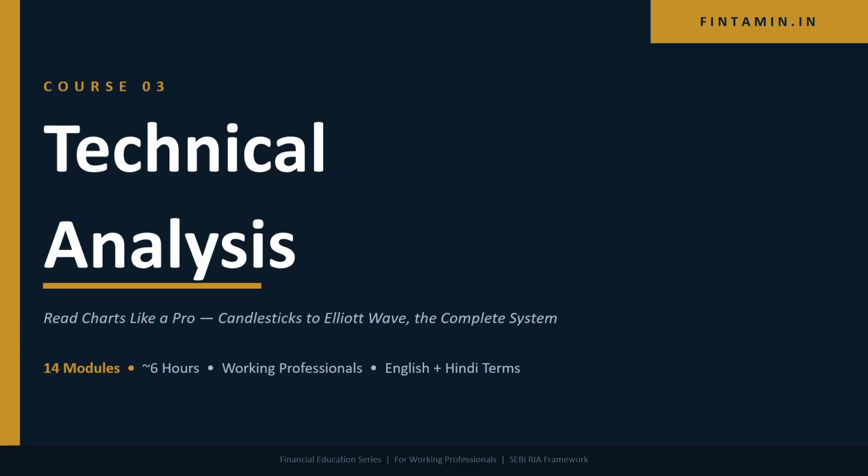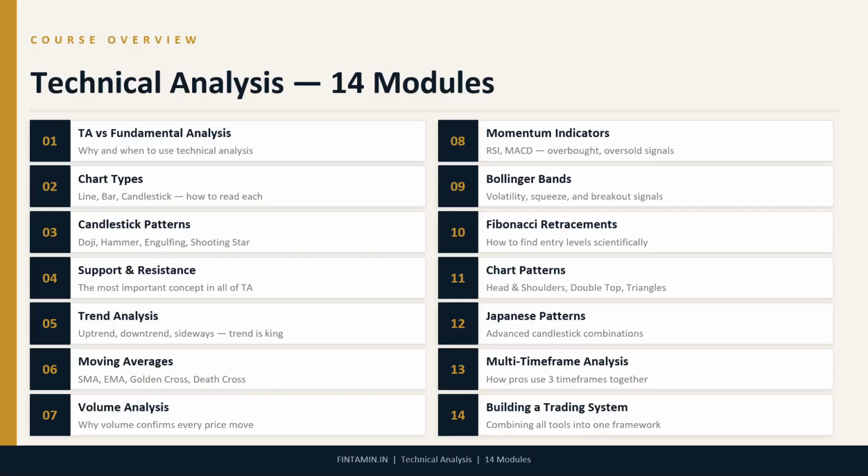Let us begin. Here is your roadmap. Module 1 and 2 covers the foundation, like what technical analysis is and how to read charts. Module 3 and 4 go deep on candlestick patterns and the most important concept in all of technical analysis, support and resistance. Module 5 and 6 covers trend analysis and moving averages.